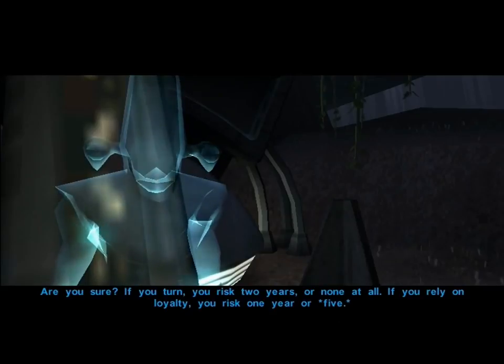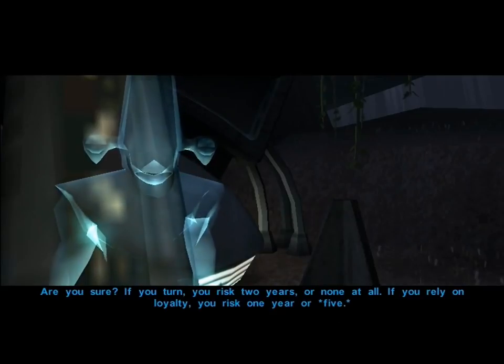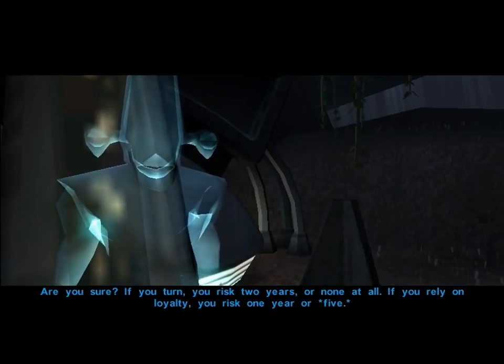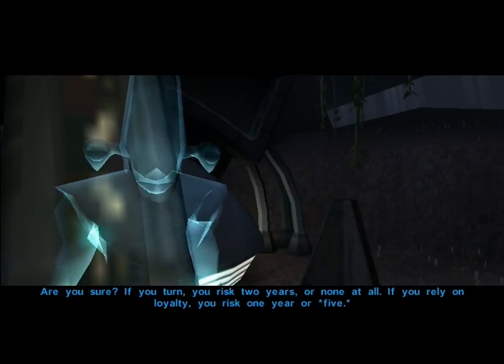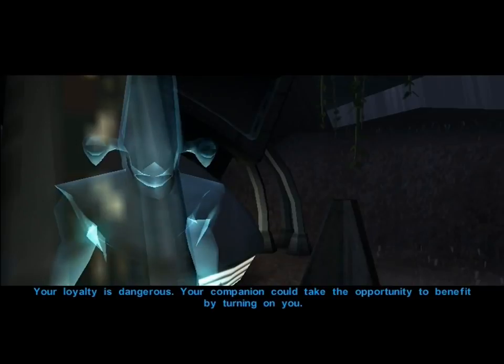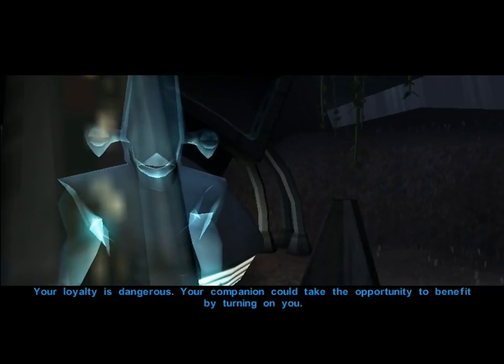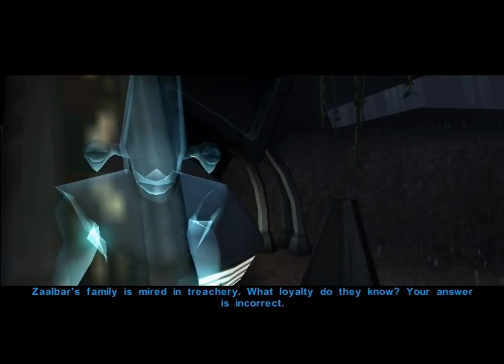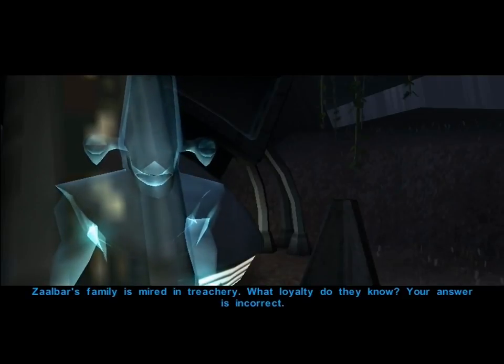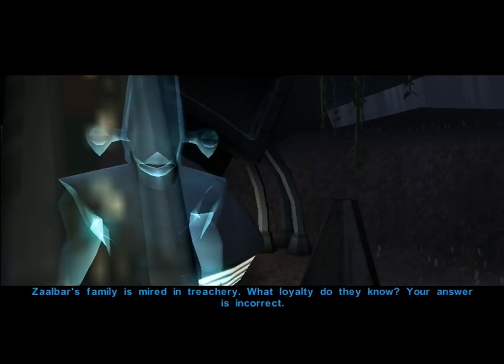Are you sure? If you turn, you risk 2 years, or none at all. If you rely on loyalty, you risk 1 year, or 5. Your loyalty is dangerous. Your companion could take the opportunity to benefit by turning on you. Zalbar's family is mired in treachery. What loyalty do they know? Your answer is incorrect.